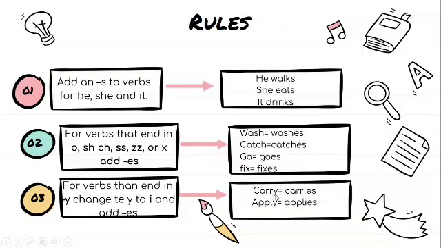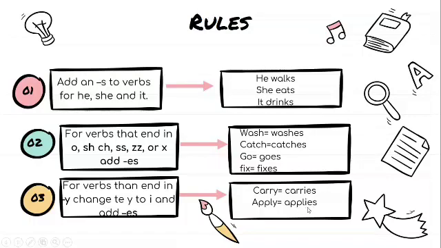Carry ends in Y. Okay, ends in Y. So that means that we have to change the letter Y and add the vowel I and then add ES. So now it is carries. Here we have apply, and we have to change the Y and add I and then ES.